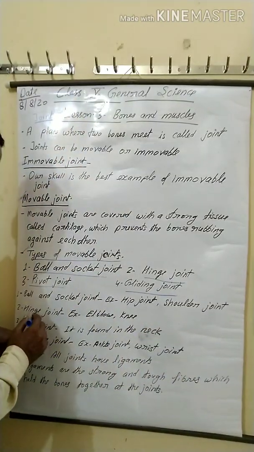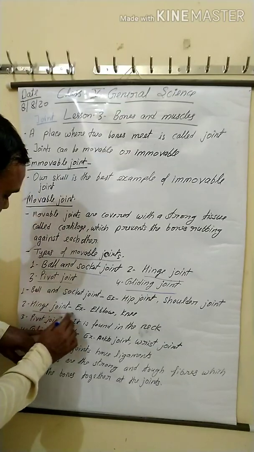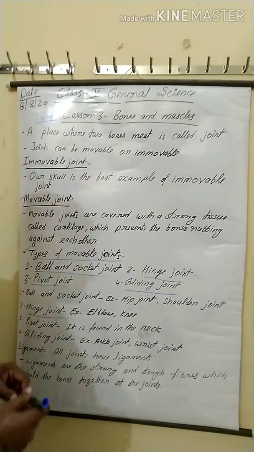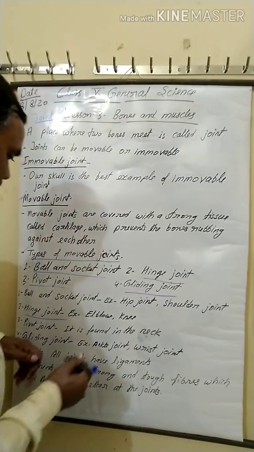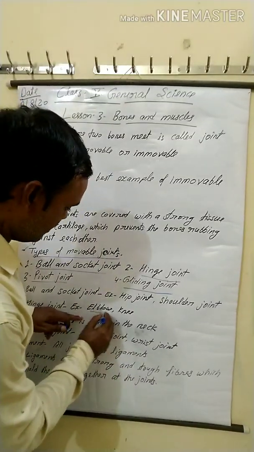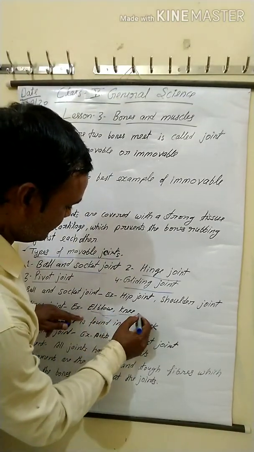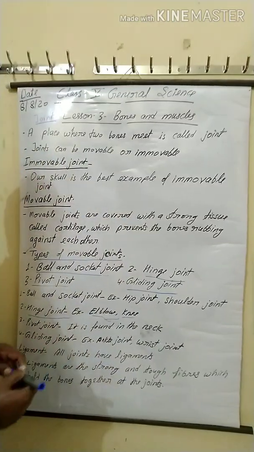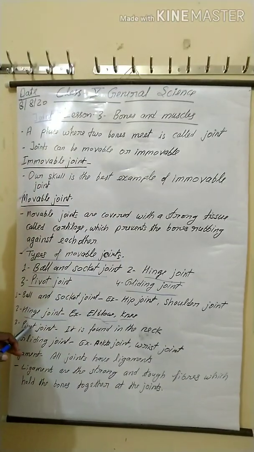Next, the hinge joint. A hinge joint works just like a door hinge. It is found in the elbow and knee joints. Next, the pivot joint.